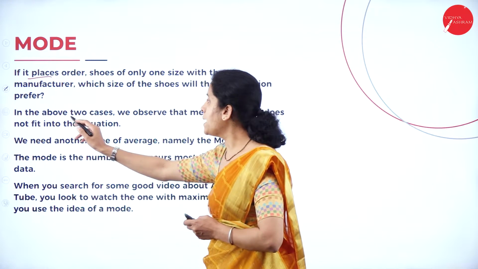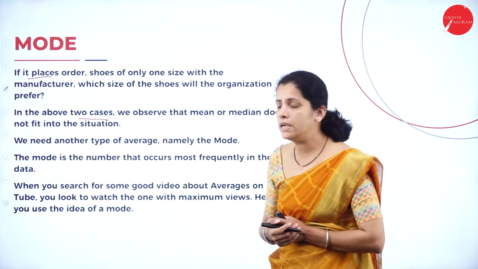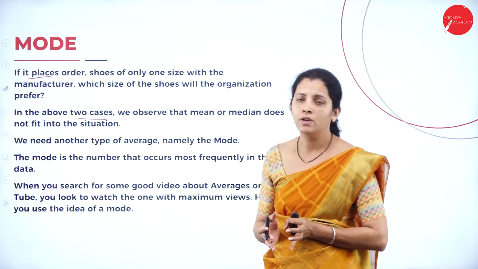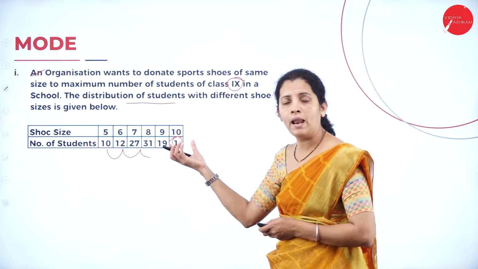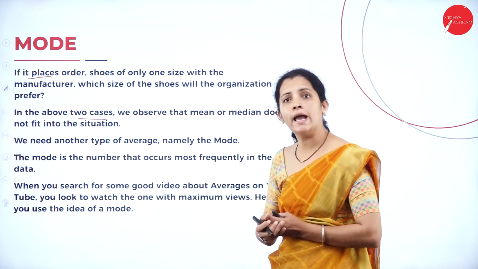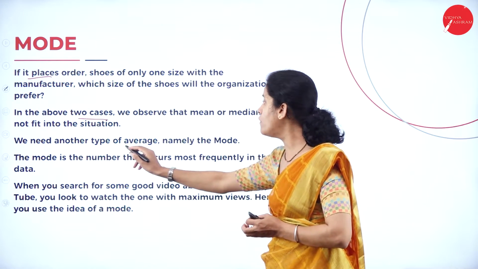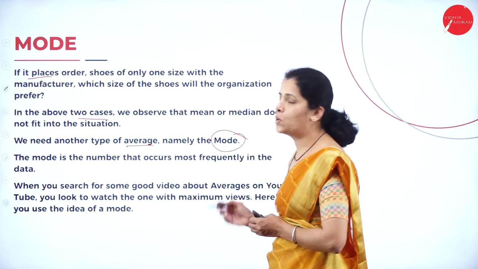So in the above two cases, we observe that mean and median do not fit. If I consider this observation, I cannot apply mean and median. So we need another type of average, namely called mode.